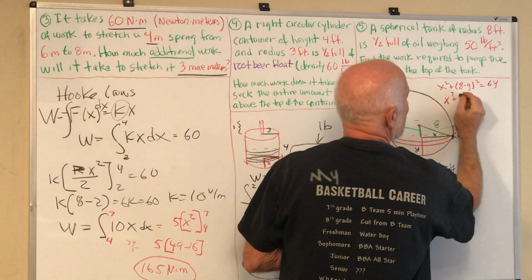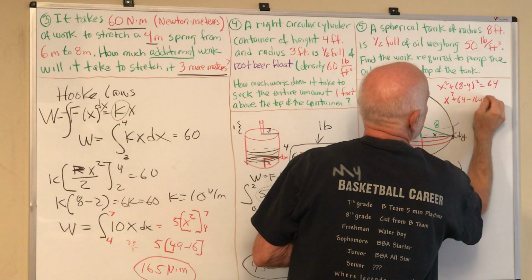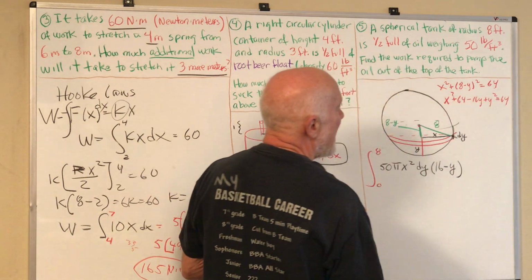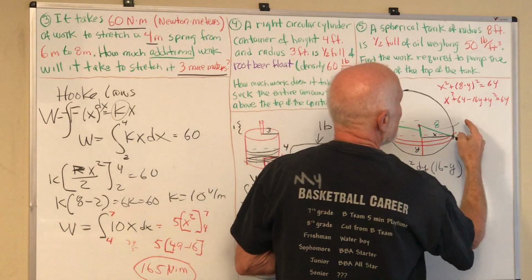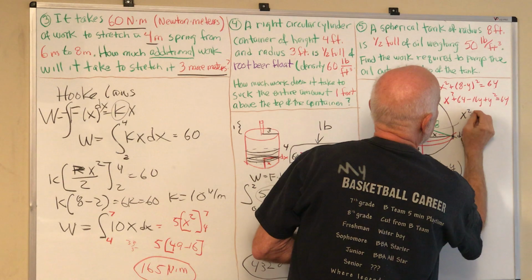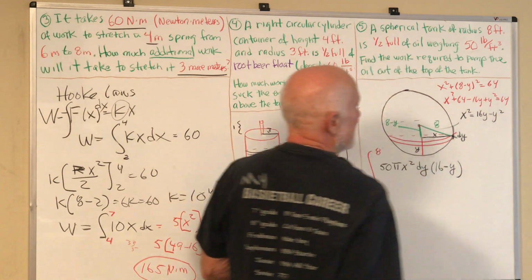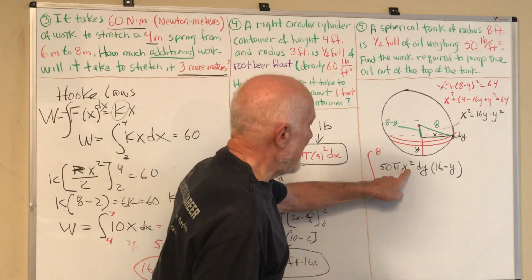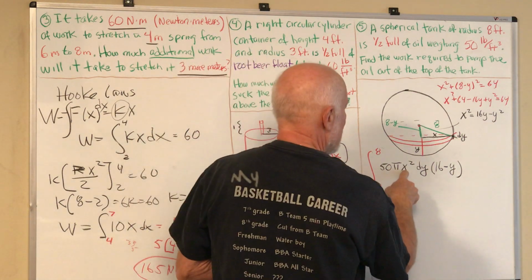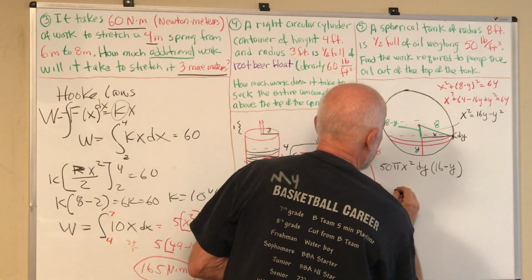If I just square this out, I have a 64 on both sides, so I'm left with just x squared equals 16y minus y squared. And look at it, I've got x squared here, so there's no need to solve for x. I can just leave in the x squared.